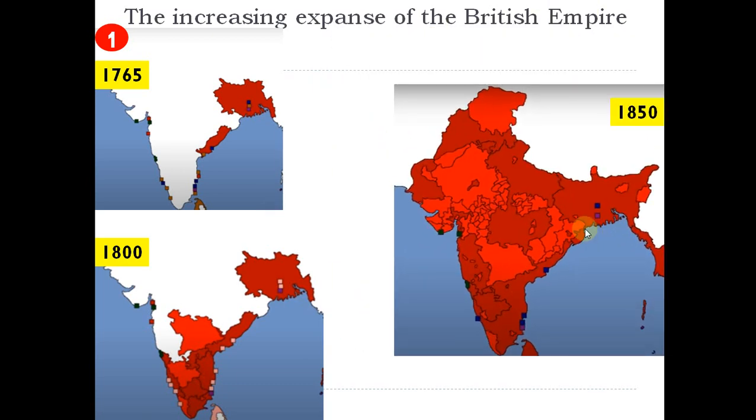By 1850, the British were directly or indirectly controlling almost the whole of present-day India, Pakistan and Bangladesh, and some parts of Myanmar as well. So this is how their political authority expanded with time. Imagine the kind of authority, the kind of rule they were able to exercise over a large expanse of Indian territory.